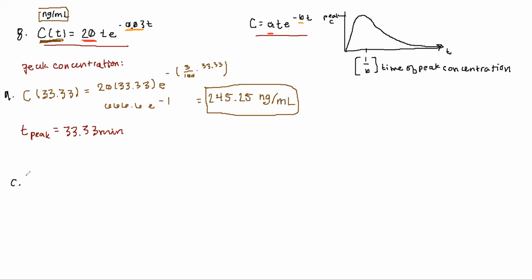We're going to do part C because I'm running a little short on time. If the minimum effective concentration is 10 nanograms per microliter, when should the next dose be administered? If the minimum effective concentration is 10, I don't know.